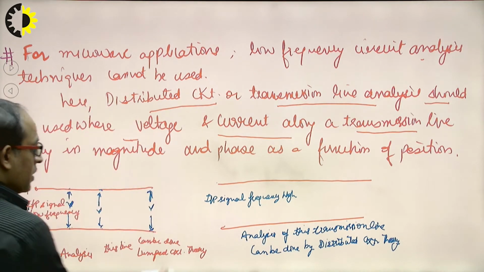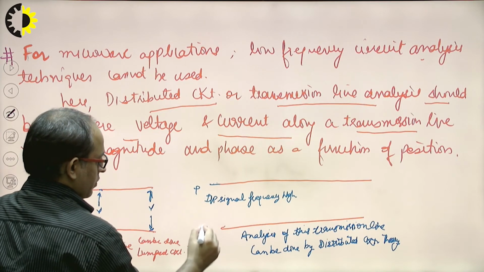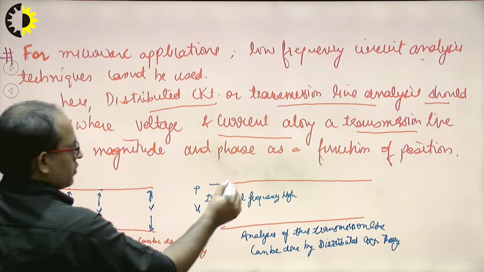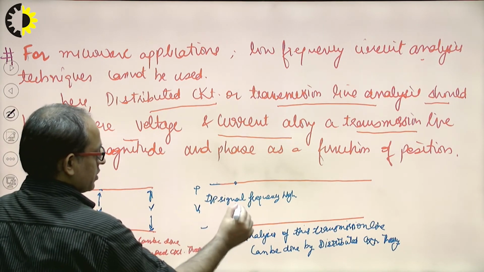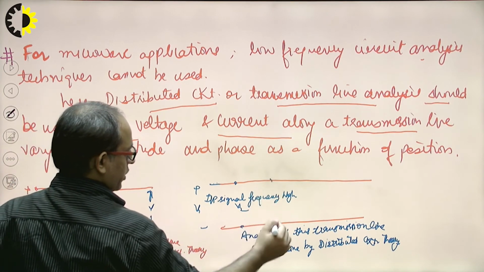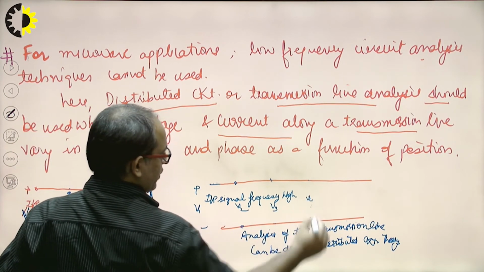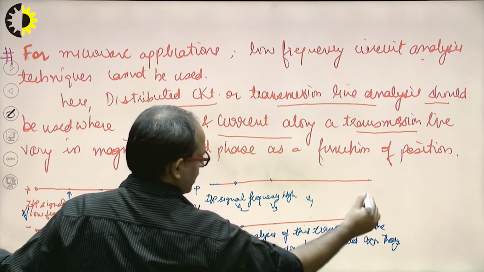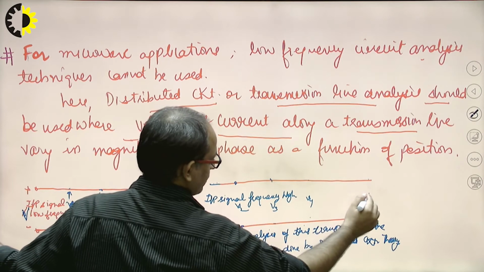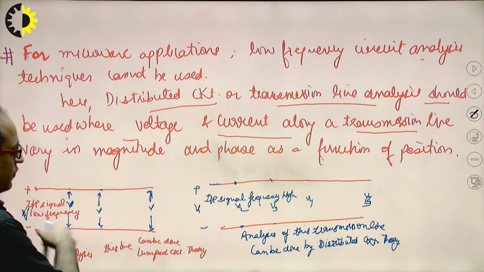Now see, if the voltage applied at this point is V1, the voltage obtained at this point will be different, V2, and the voltage at this point will also be different, V3. Voltage obtained at this point will be different from V4 and all the others. Clear? Similarly for the current also.